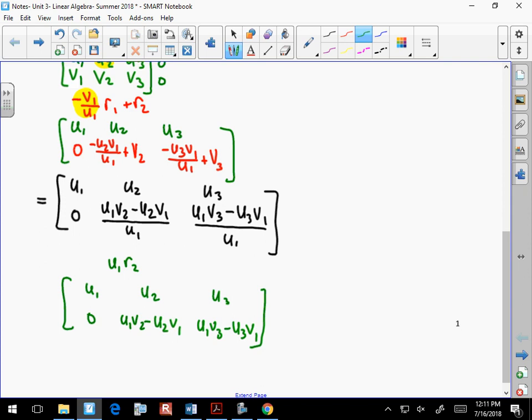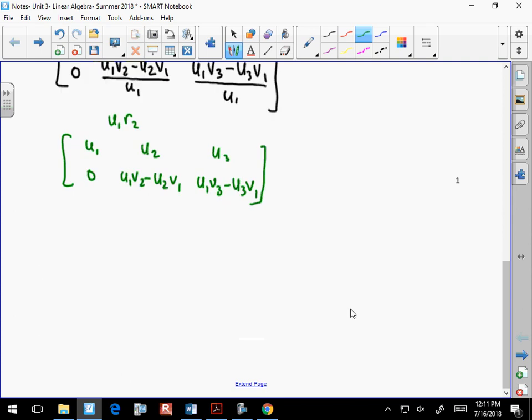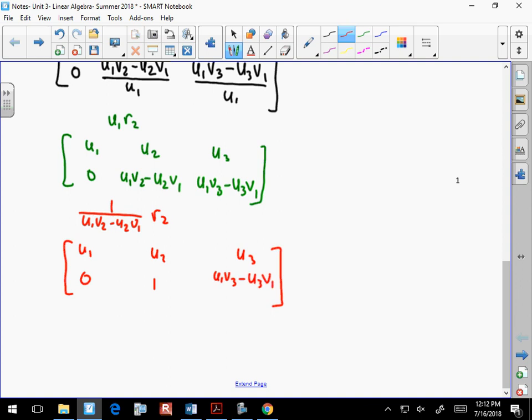Divide row 2 by U1 V2 minus U2 V1. So 1 over U1 V2 minus U2 V1 times R2. Right.